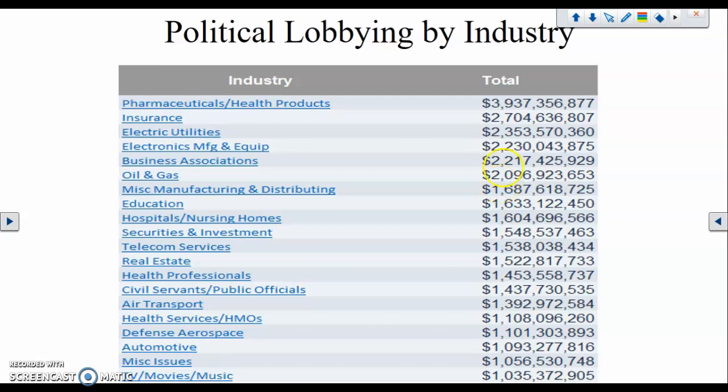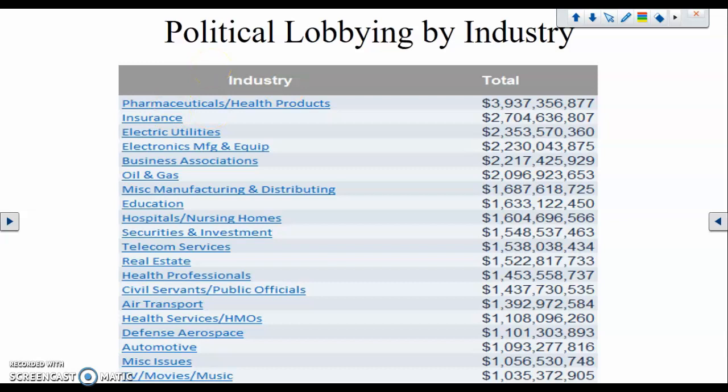So if you want to know why a lot of our laws and regulations are loosened or tightened, think Jerry Maguire: show me the money. It's all about the money in this case.